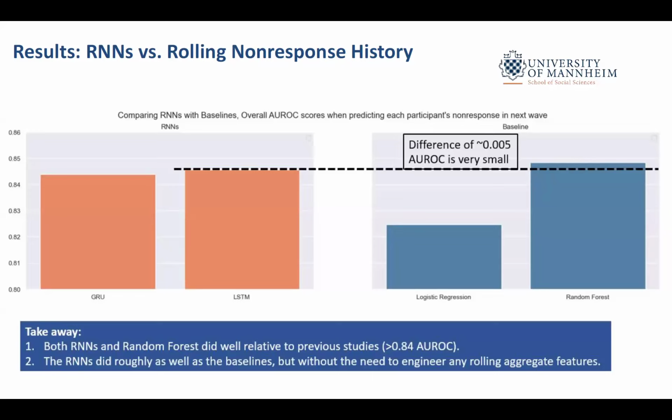The long short-term memory did not need to be told that rolling average over the past 3 waves was a good way to get high predictive accuracy. But with the random forest model, that had to be worked out through trial and error. And this is just to say that these recurrent neural networks can fit to temporal dependencies automatically.